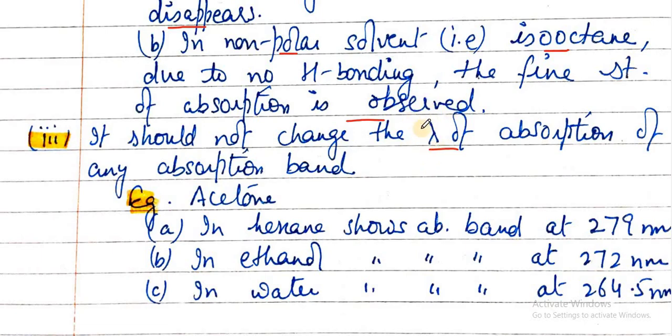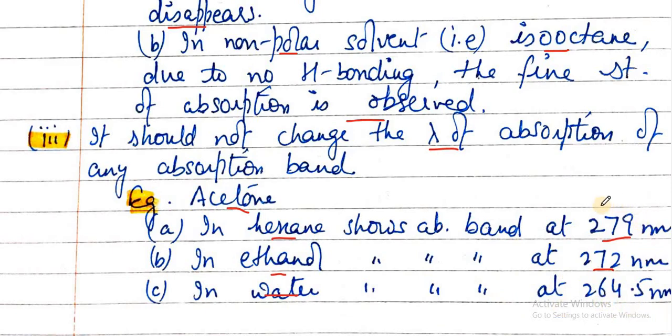For example, if we are taking the spectrum of acetone dissolved in hexane, the absorption band occurs at 279 nanometer. If we use ethanol as a solvent, it is around 272 nanometer, and if it is in water, then the acetone absorption band will appear at 264.5.